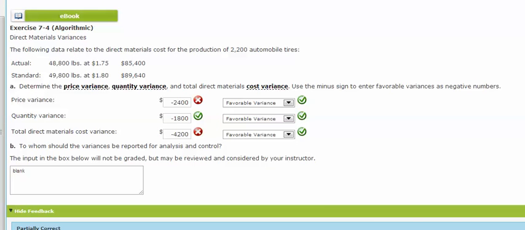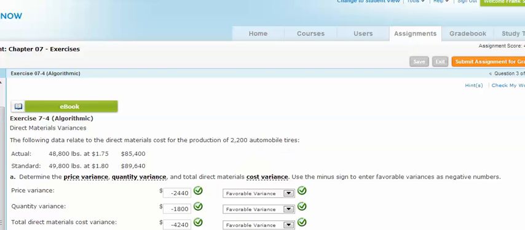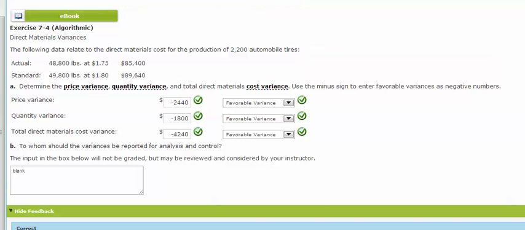So let's put the correct number in there, 2,440. And of course the total is going to be different because I need to add those together. Those of you out in video land probably already saw that I had copied the wrong number. So there we have the correct answers as we had stated.